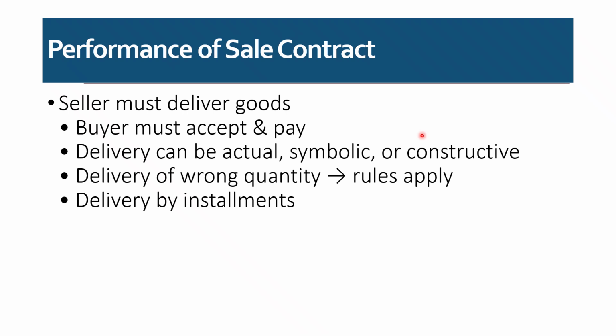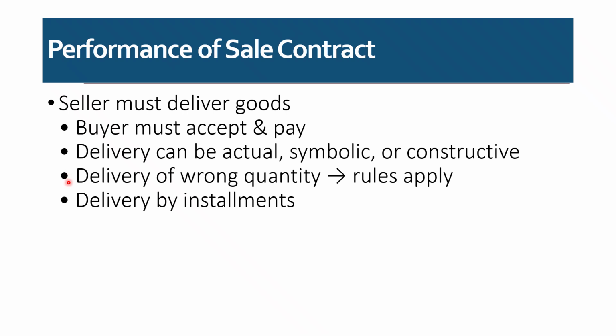A contract of sale is performed when the seller delivers the goods, the buyer accepts the goods, and the buyer pays for the goods. So performance includes the correct goods, correct quantity, proper delivery method, timely payment and acceptance of goods. The delivery can be actual, symbolic or constructive here.